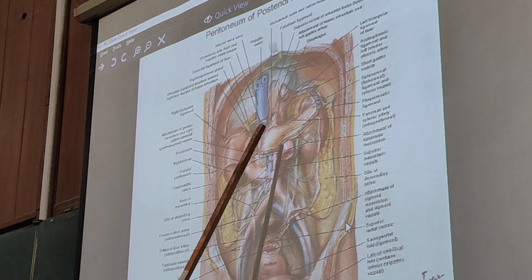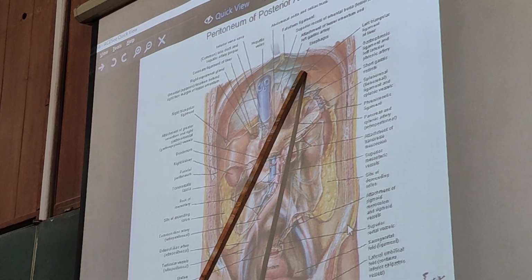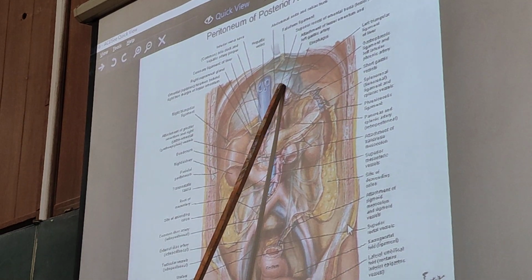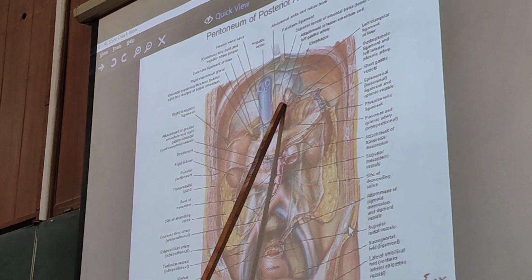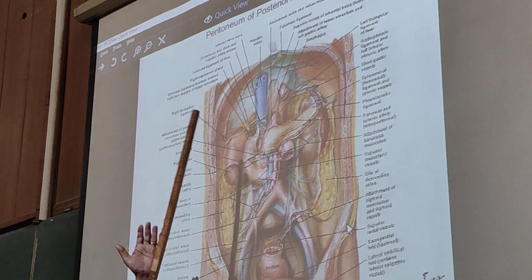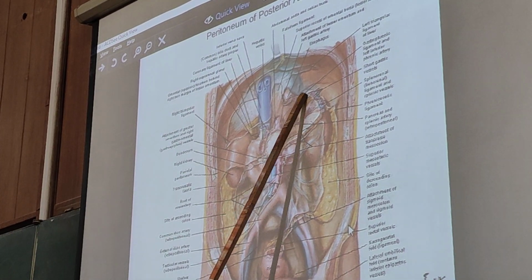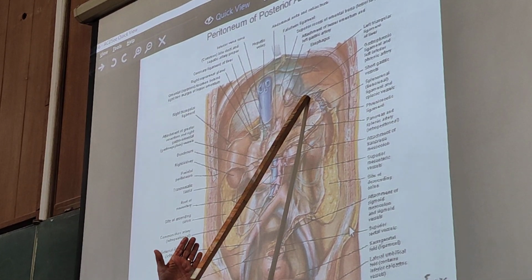So, look here, when these two layers, I mean the left one, make the left triangle, and then go back to the right to meet the right leaf, these two join to each other and cover the esophagus. And then cover the stomach, and finally, from the stomach, attach to the diaphragm to make the gastrophrenic ligament.